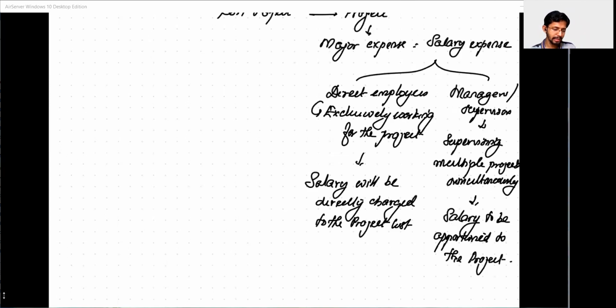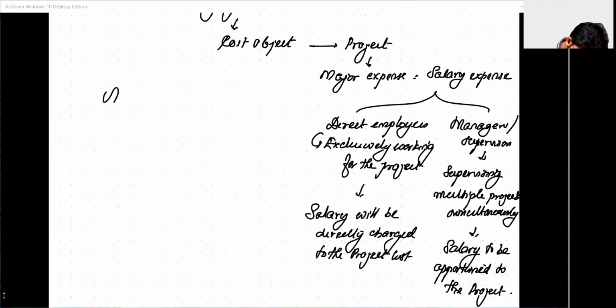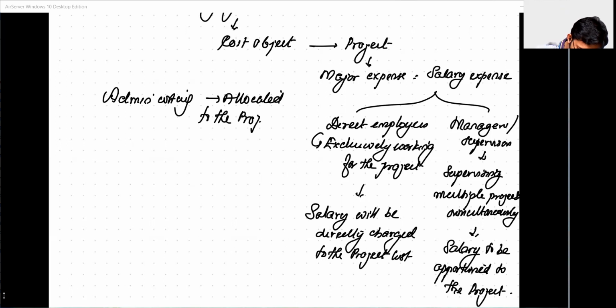Now, this will be the major cost. Now, there will be admin cost, which will get allocated to the project. And even when you talk about the admin charges, the admin cost will mainly depend on the number of employees.